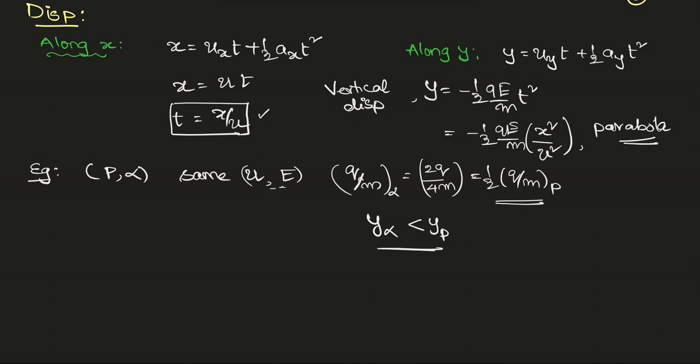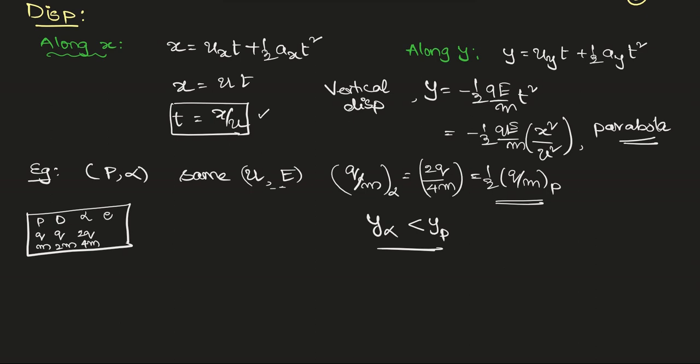This kind of questions they can also ask by giving some particles. Here I will give you this table, which is very helpful for different chapters. Proton, if it is our reference, whose charge is q and whose mass is m, then deuteron, whose charge is also q but mass will be 2m, and alpha particle, whose charge is 2q, mass will be 4m.